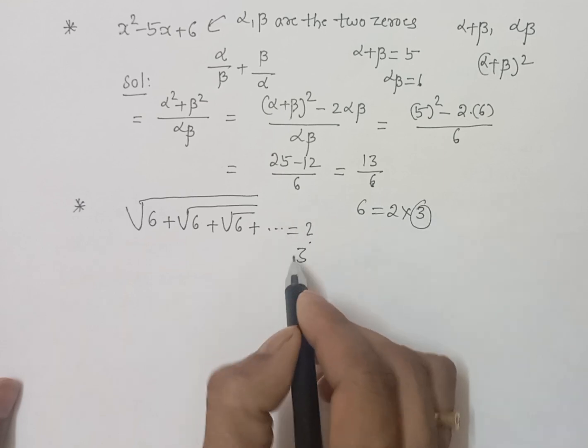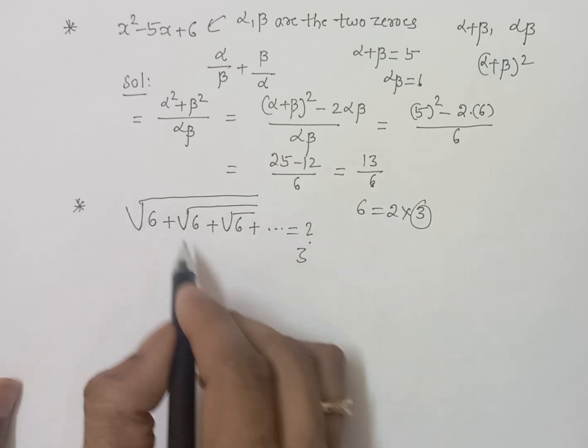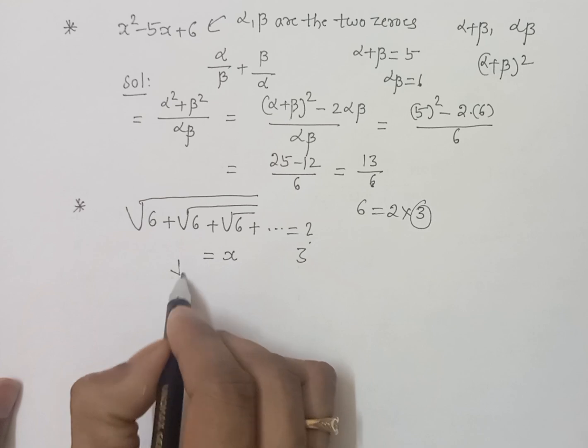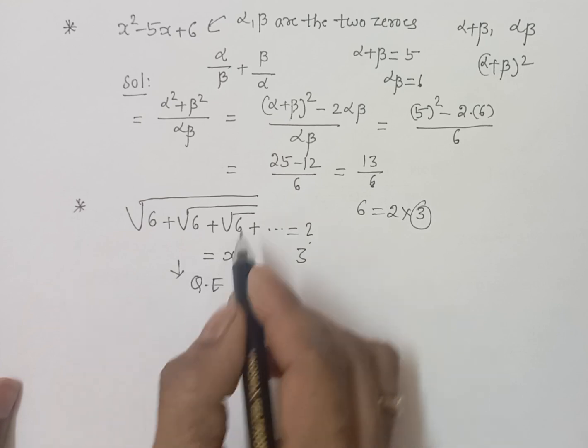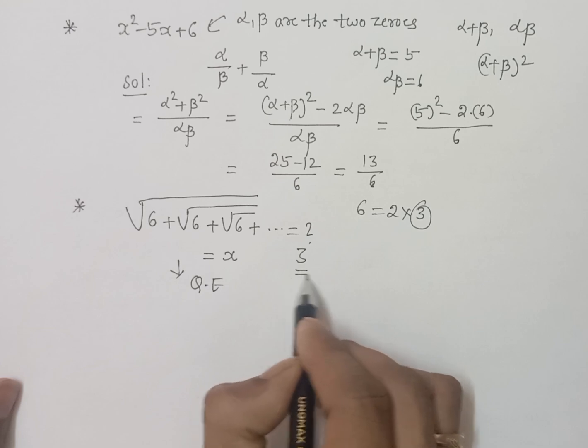So 3 is the answer here. The usual method is to assume it as x and make it into a quadratic equation. By factorization, we'll get two solutions, and the answer will be 3 here.